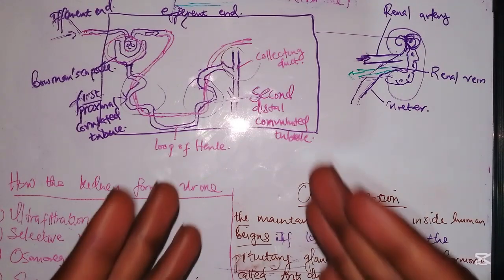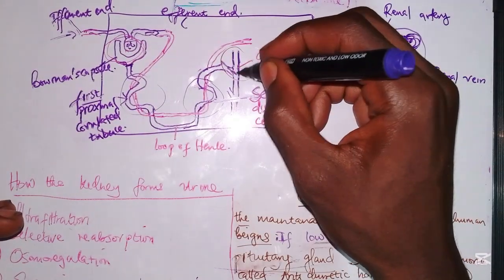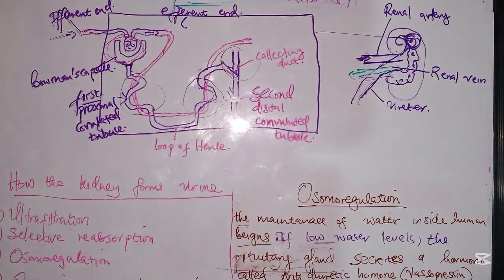Then we said that once urine has reached the what? The collecting duct. Here the brain is where it will decide how the urine should come out depending on water levels in your body. If you have low, the urine will come concentrated, meaning it will come yellow. Whenever you have a lot of water, it will come diluted, meaning it will come white.